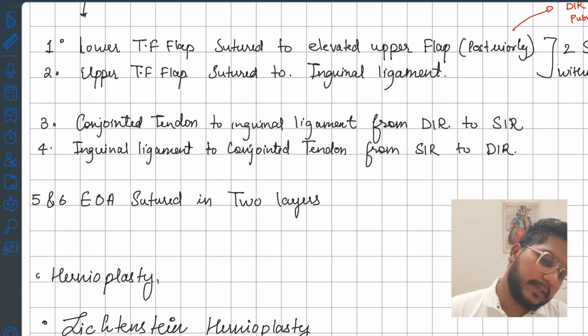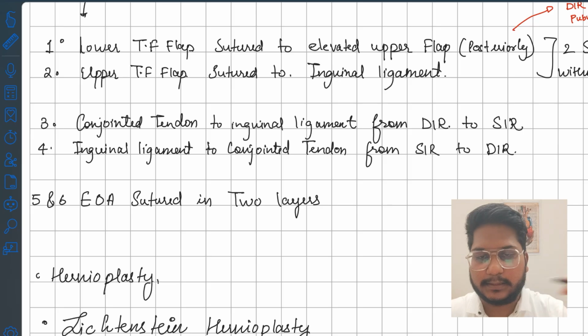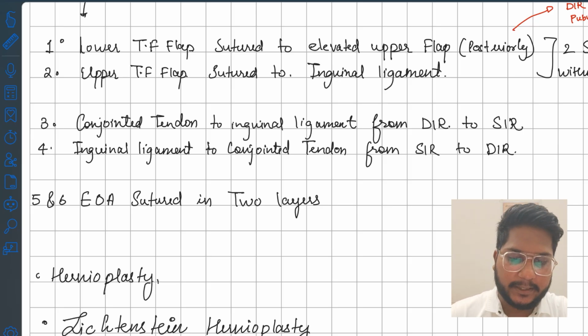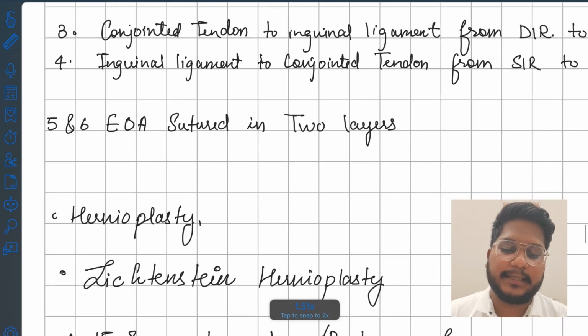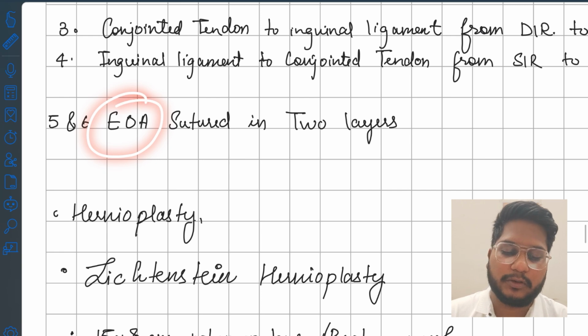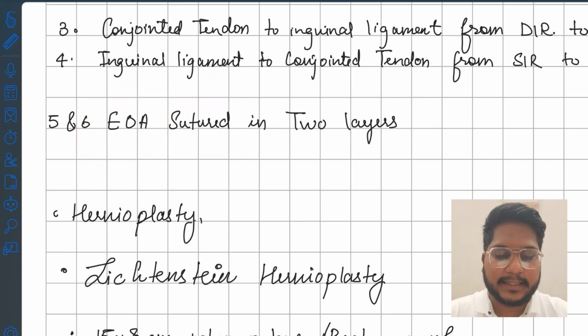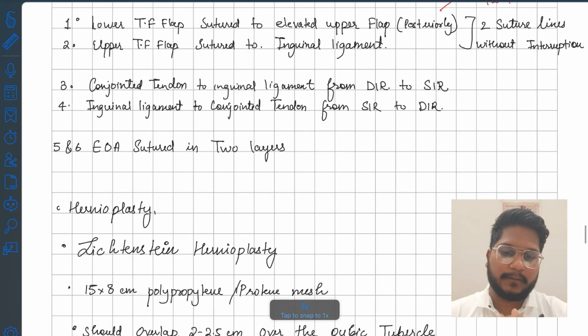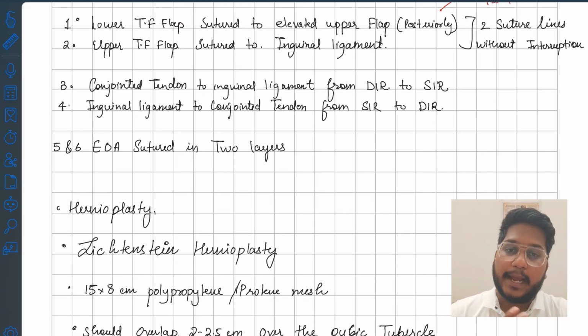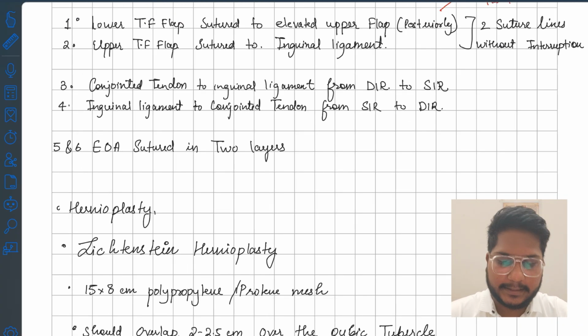Then in the fourth layer we go from superficial inguinal ring to the deep inguinal ring. The fifth and sixth layers are the external oblique aponeurosis, sutured in 2 layers. So basically in Shouldice there are 6 layers, and double breasting of the external oblique aponeurosis and transversalis fascia is done.